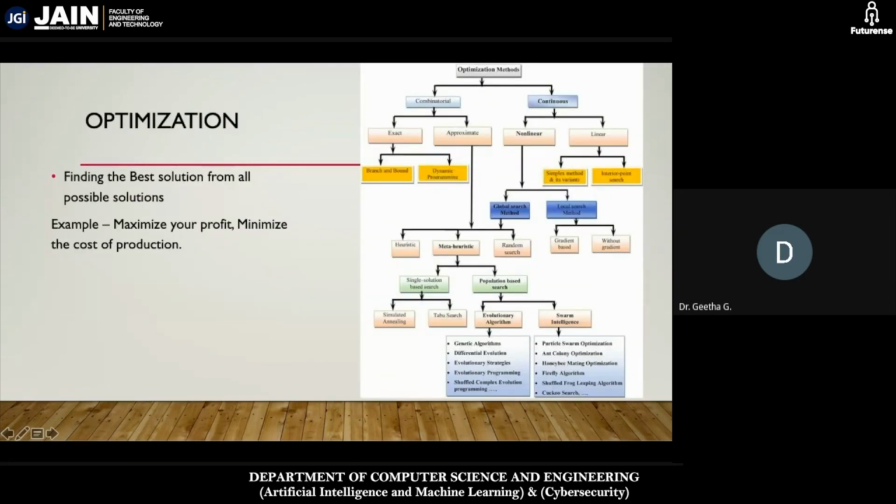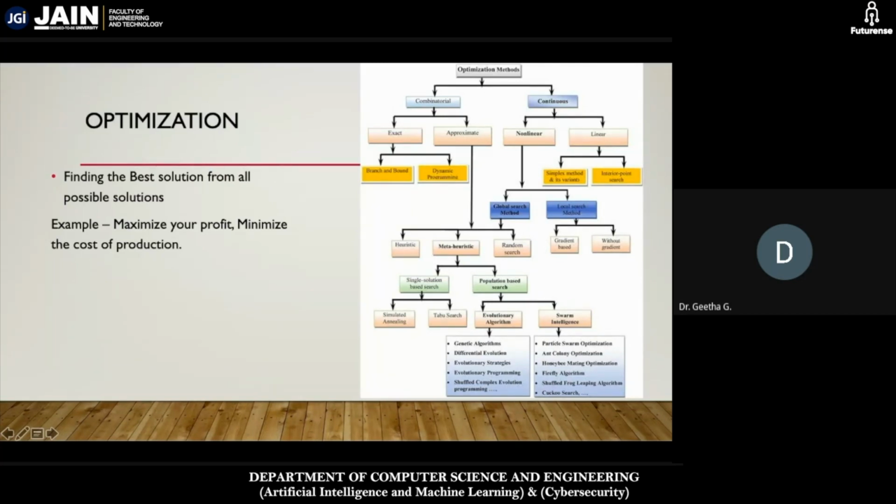Next is optimization. If you look at many of the PhD theses, most of them will talk about optimization. When I say optimization, it means finding the best solution from all possible solutions.